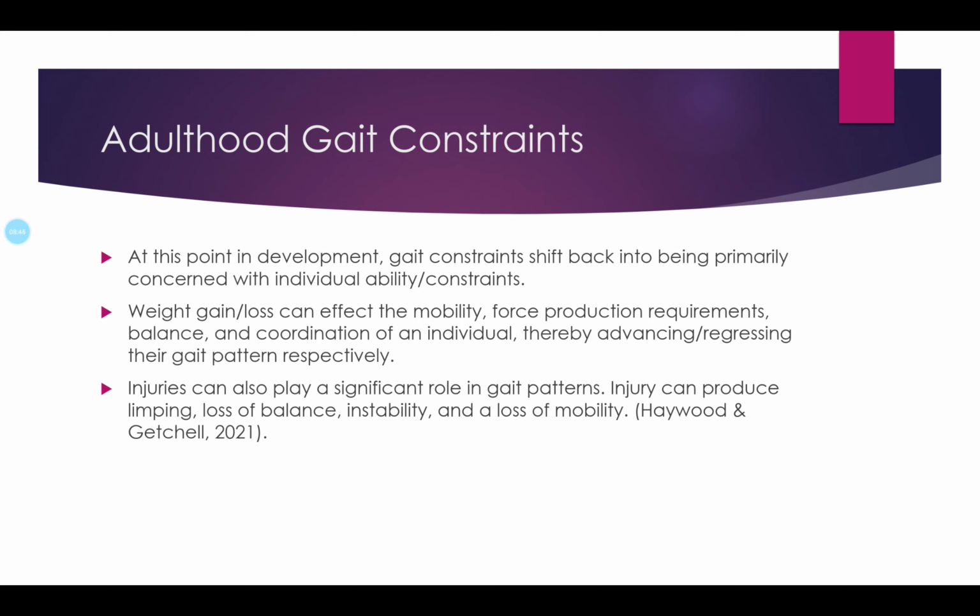Weight gain and loss can affect mobility, force production requirements, balance, and coordination of an individual, thereby advancing or regressing their gait pattern, respectively. Injuries can also play a significant role in gait patterns. Injury can produce limping, loss of balance, instability, and a loss of mobility.